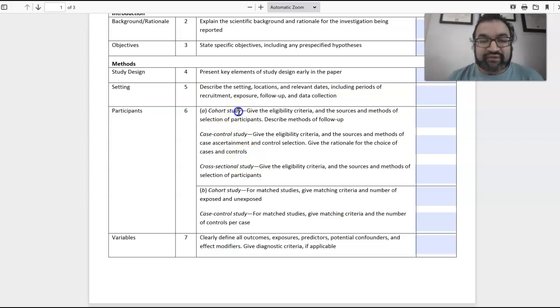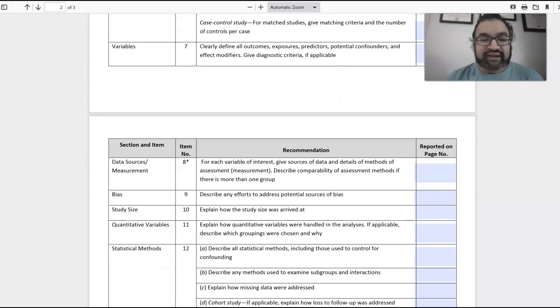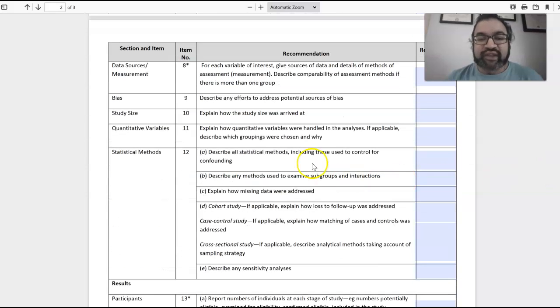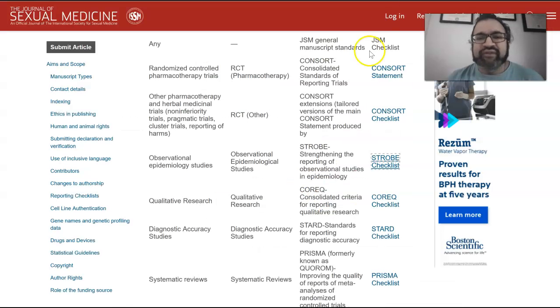So familiarizing yourself with the cohort versus the case control versus the cross-sectional study, and how the participants are different for each type of study, and then looking at the statistical methodology and how you have to control for confounding as well. So these are all good to keep in mind. Not all of this is reported always, but just for your information, have you gone through each one of these steps? That's what's crucial.